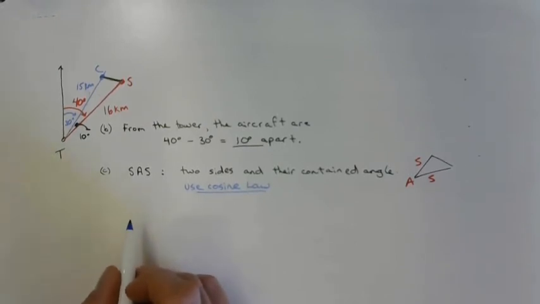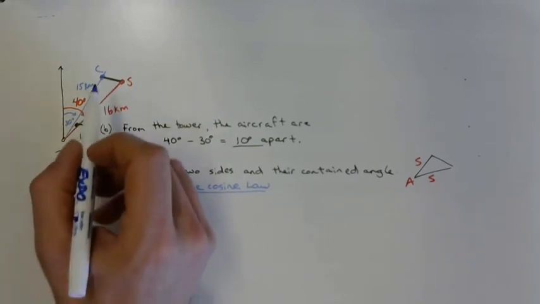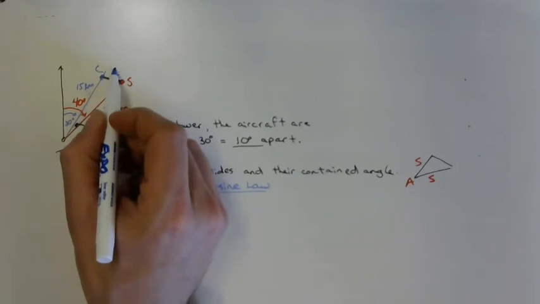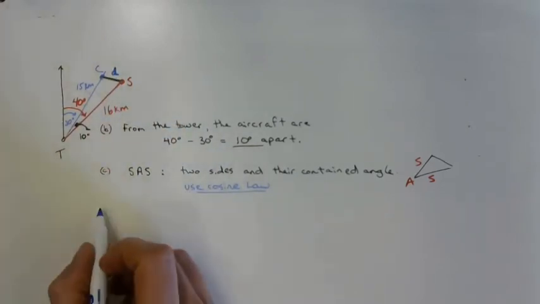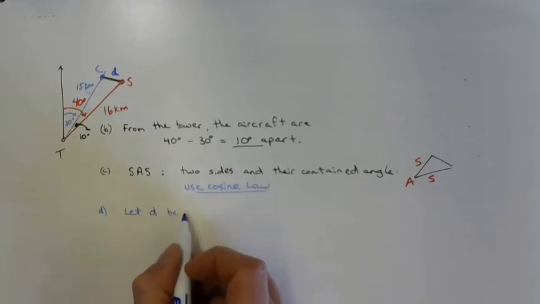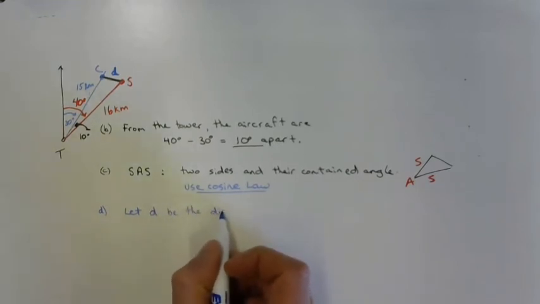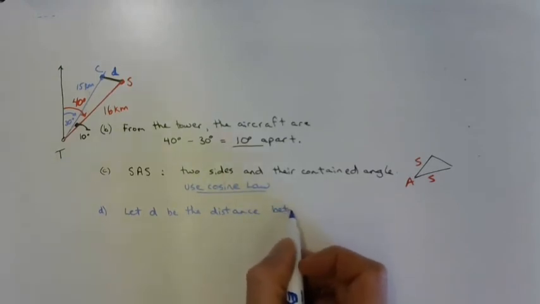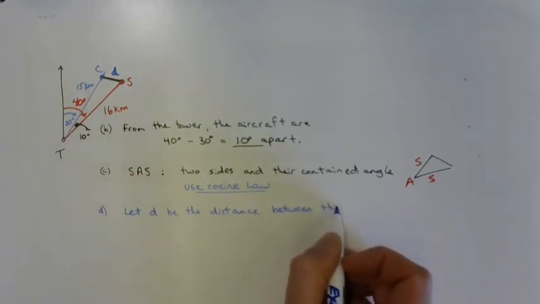Because we are looking for a length, I'm going to call it D for the distance between the two. Let D be the distance between the aircraft.